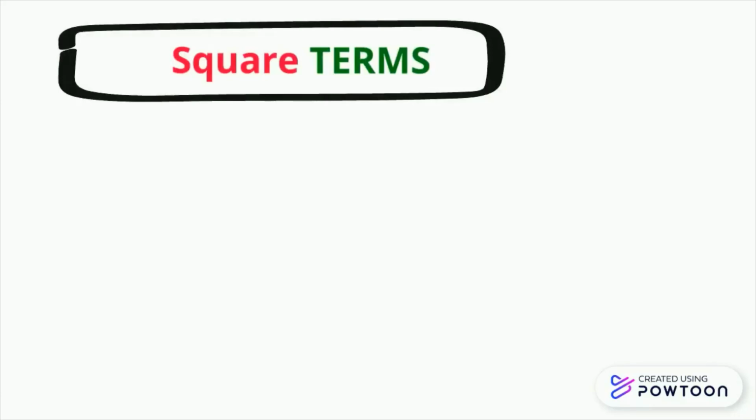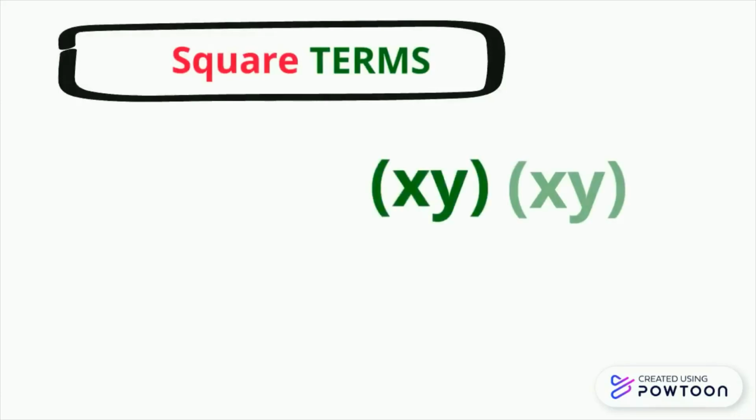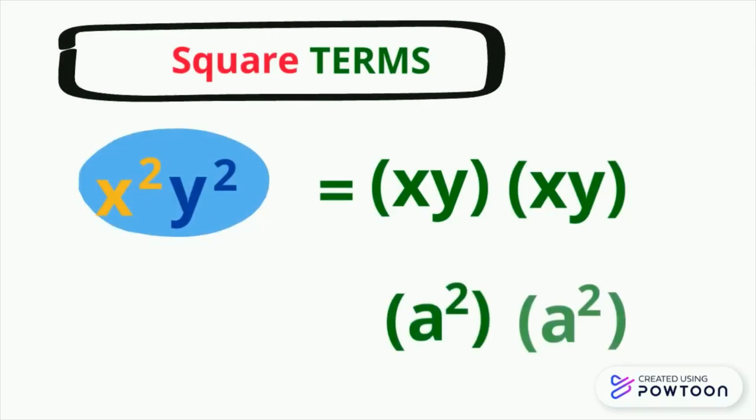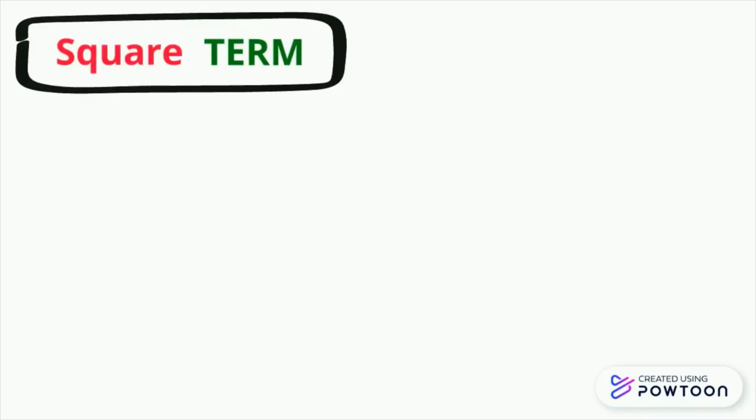Look at this. xy times xy is x squared y squared. A squared times a squared is a to the 4th. How will you identify a square term? Is a to the 4th a square term?